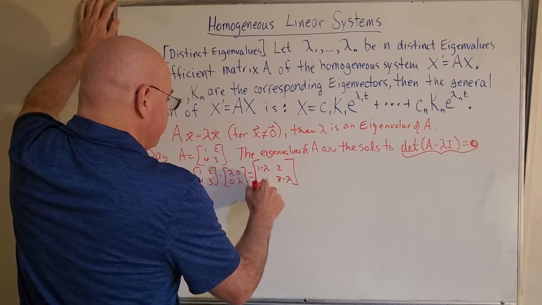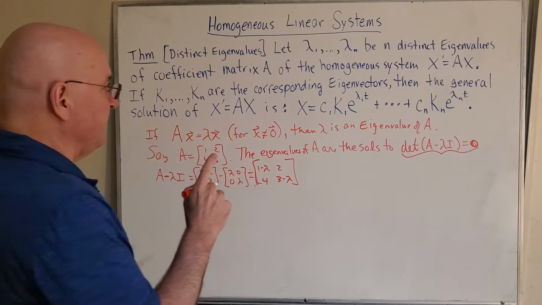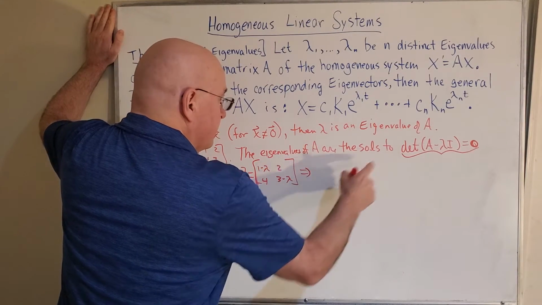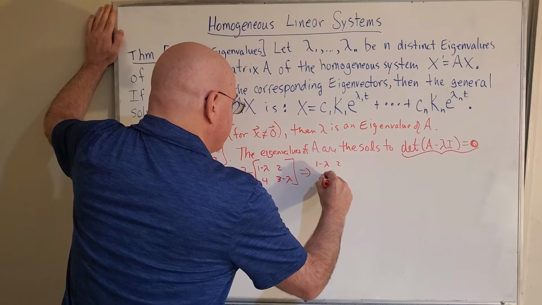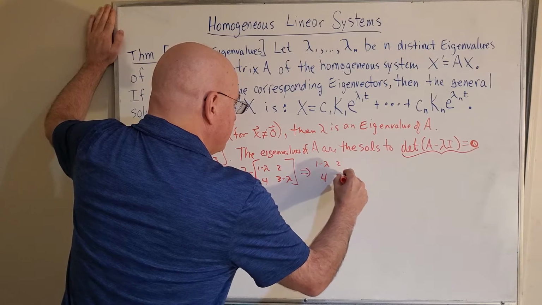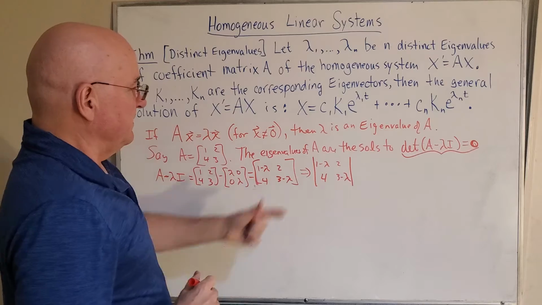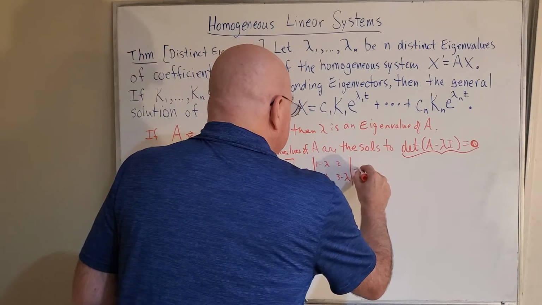That's the matrix. Okay, now that we know that matrix, the characteristic equation is going to be: the determinant of 1 minus lambda, 2, 4, 3 minus lambda, where the vertical bars are just the determinant, equal to 0.